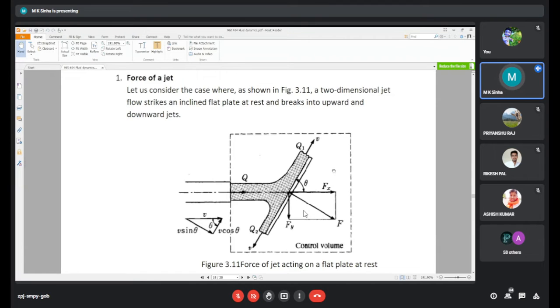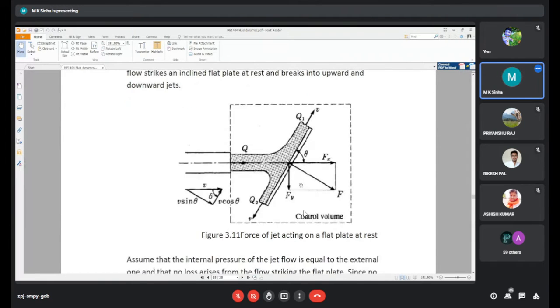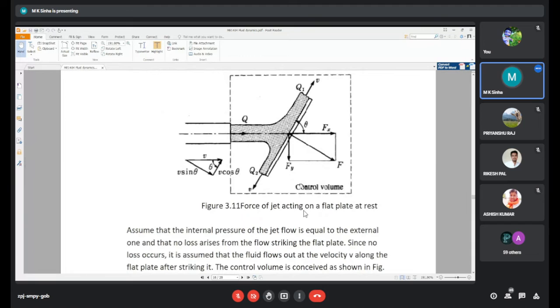Here, in two dimensions, a jet is striking a plate. As you can see, it is an inclined flat plate at rest, and the jet will resolve into two parts.